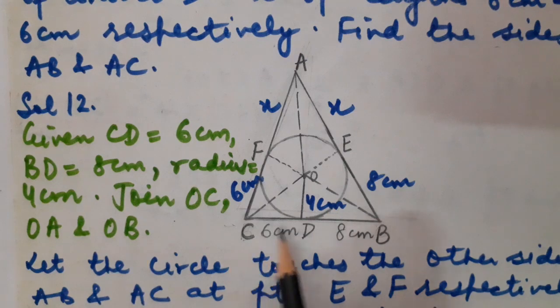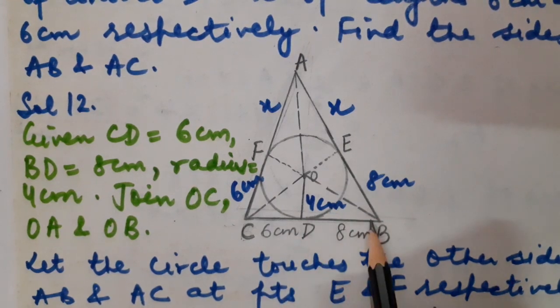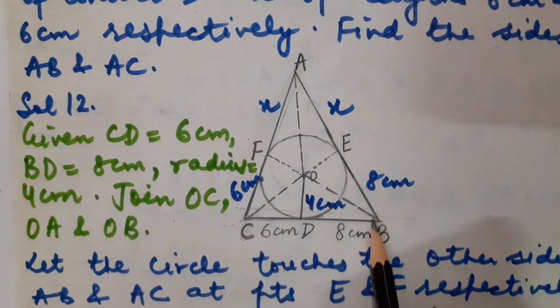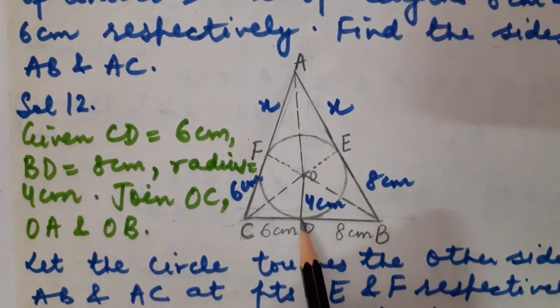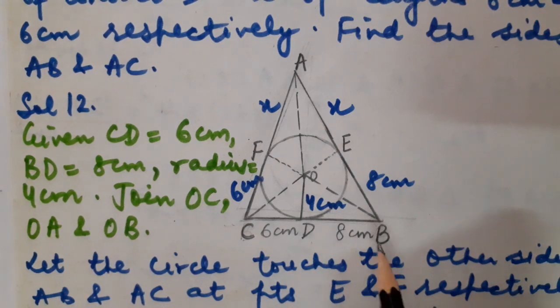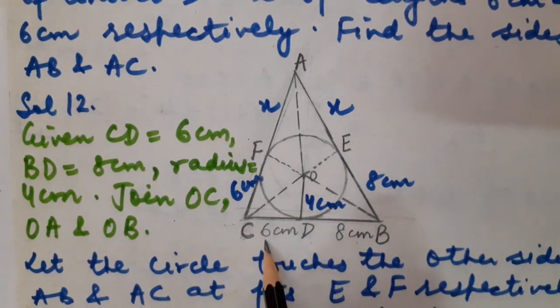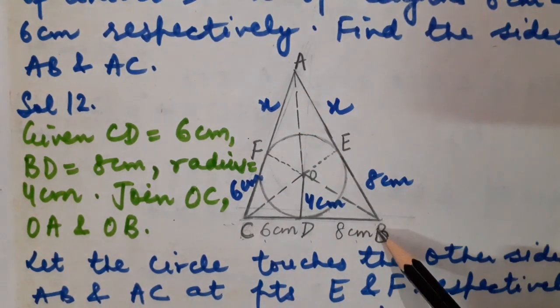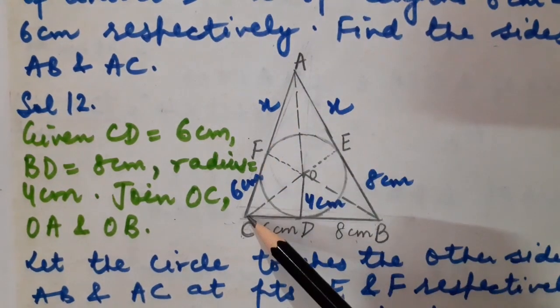Such that the line segment BD, this BD, and DC, into which BC is divided by the point D, which is actually the point of contact, of length 8 centimeter and 6 centimeter respectively. Now I have to calculate the length AB, this complete length, as well as the complete length AC.